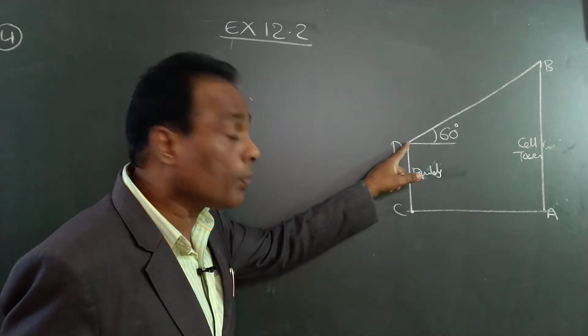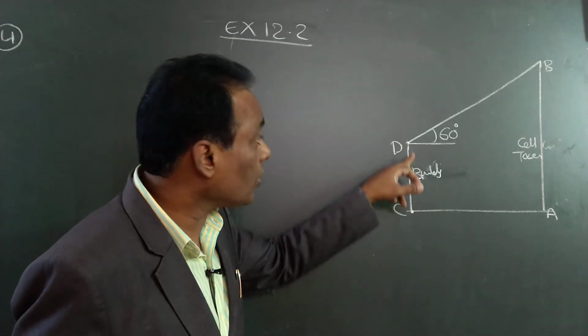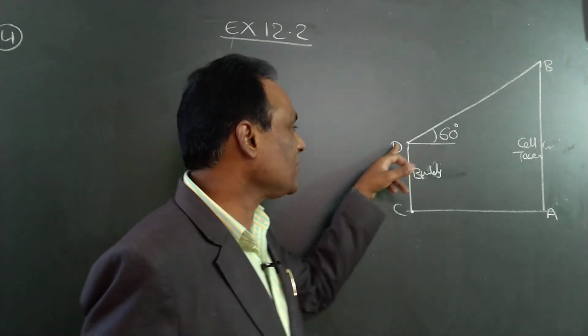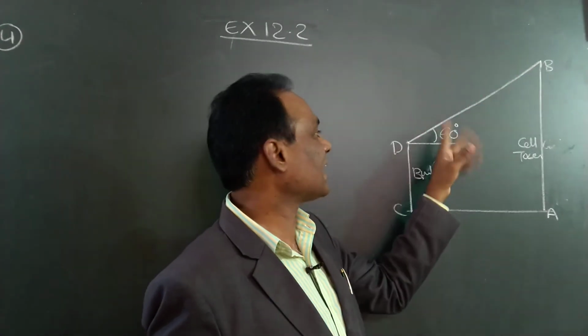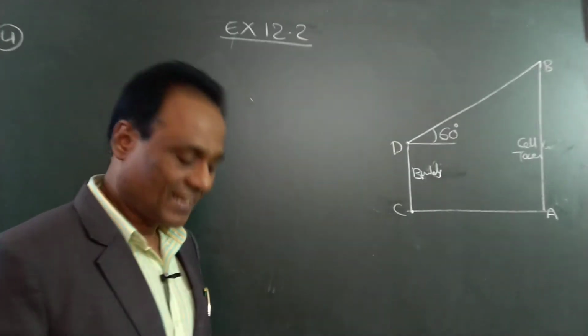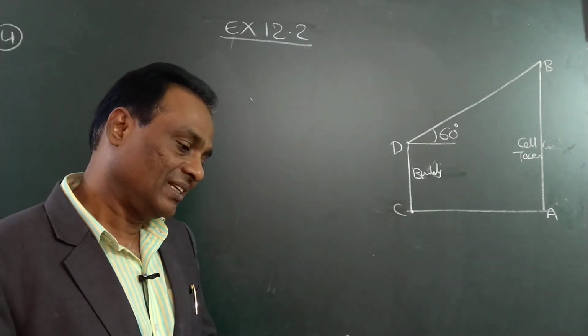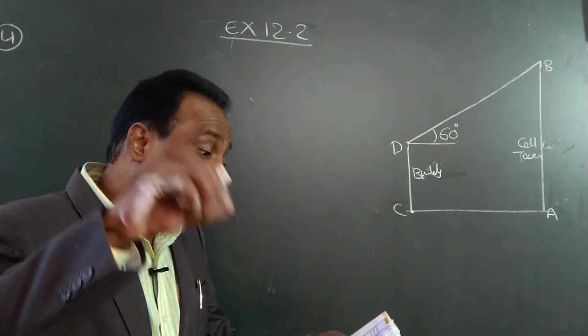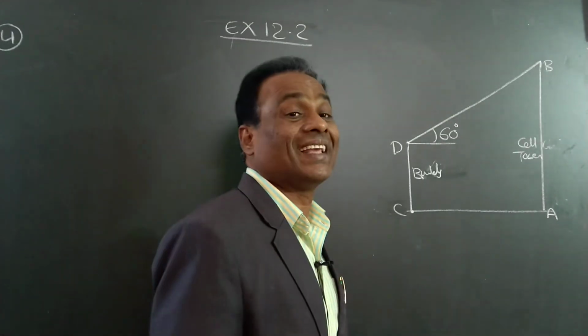So from the top of the building, we climb to the top of the building. From this point, we observe the top of the cell tower with angle 60 degrees. And the angle of depression of its foot is 45 degrees.